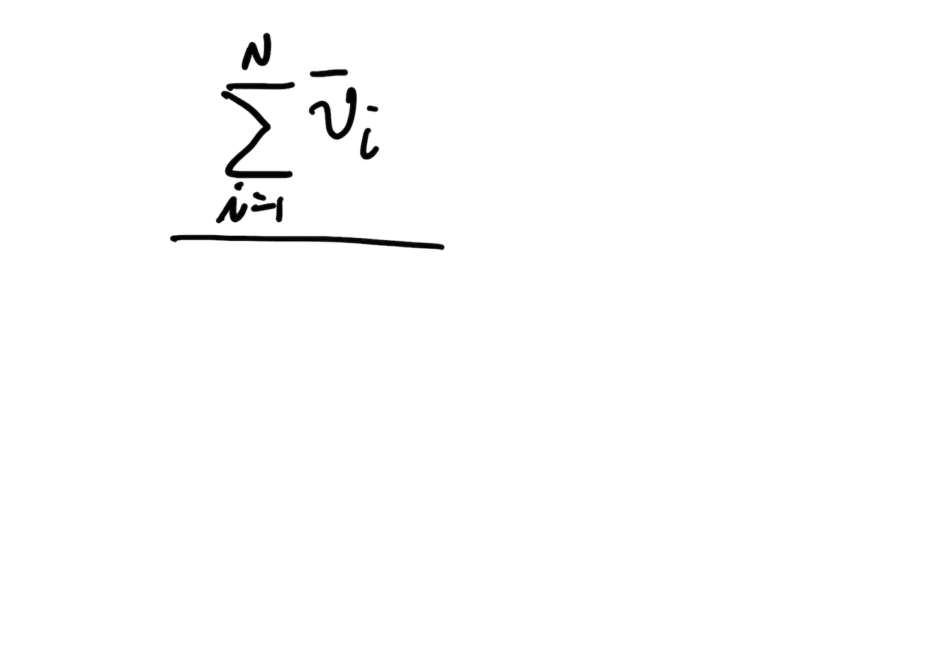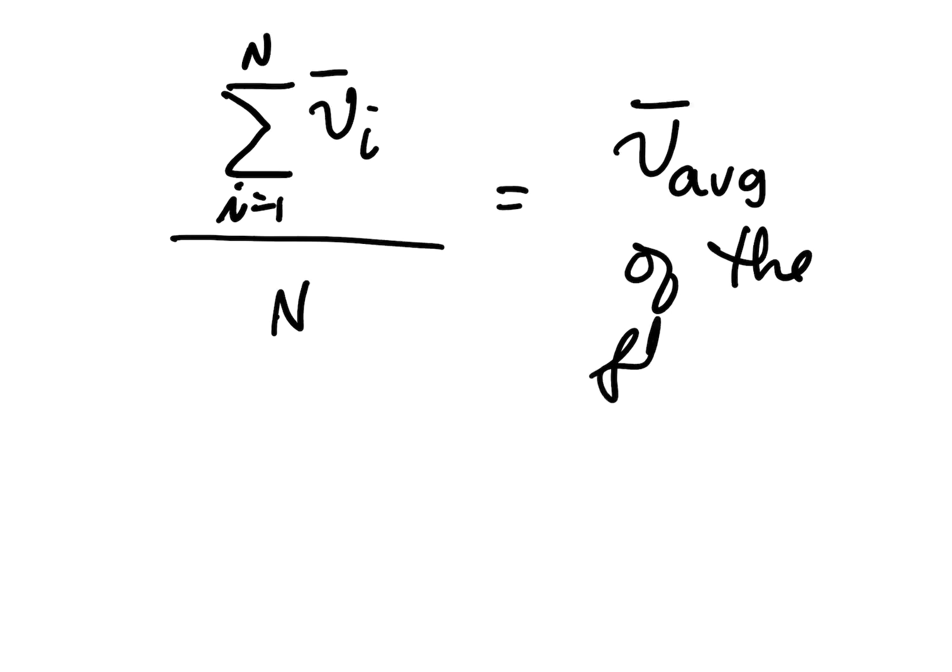Now, if you take the sum of the velocity and divide it by the number of molecules, you can think of this as the average velocity of the fluid itself, or of the molecules that make up the fluid.